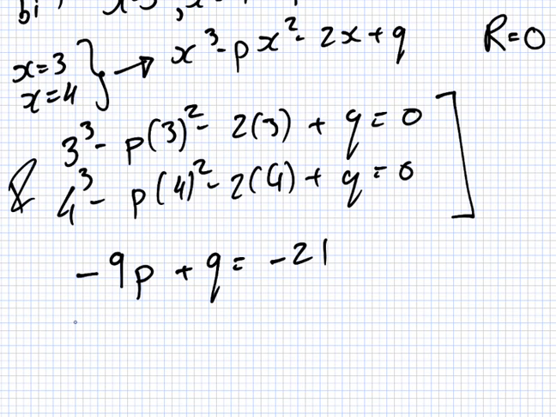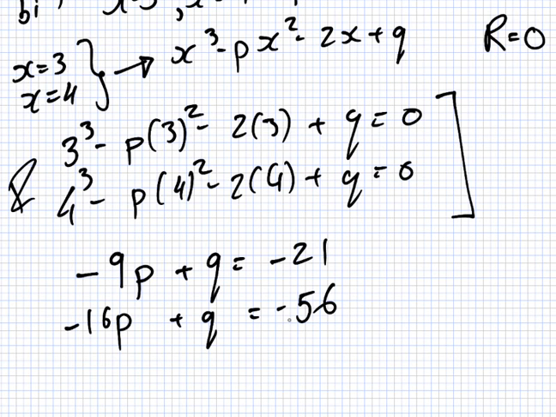And then here we get minus 16p plus q. 4 cubed, 4 squared is 16 times 4, 64. 64 minus 8, 56, other side minus 56. Let's double check that. Minus 21, yep. And then 4 cubed, yep. Minus 56.